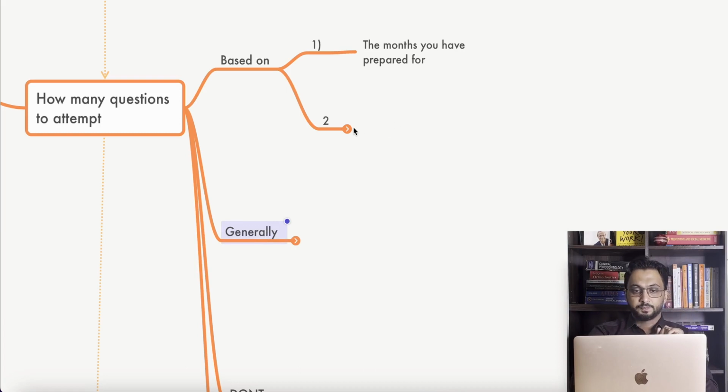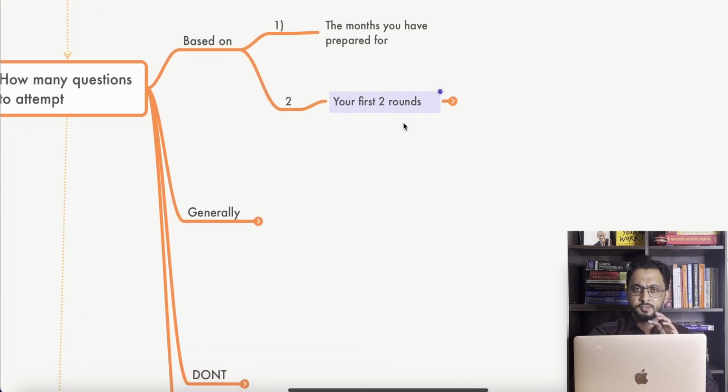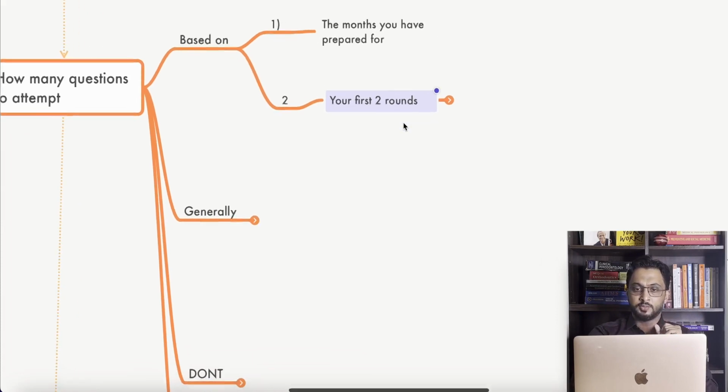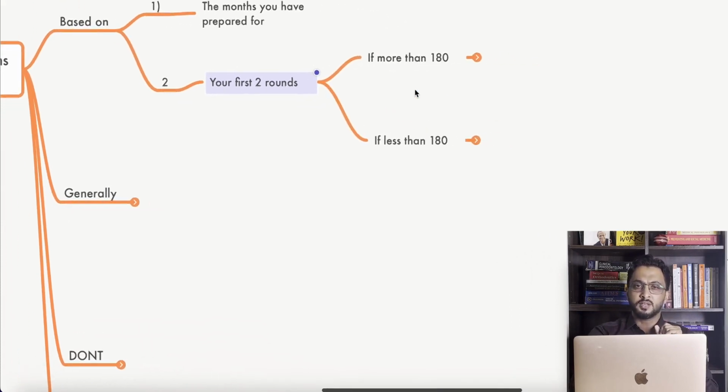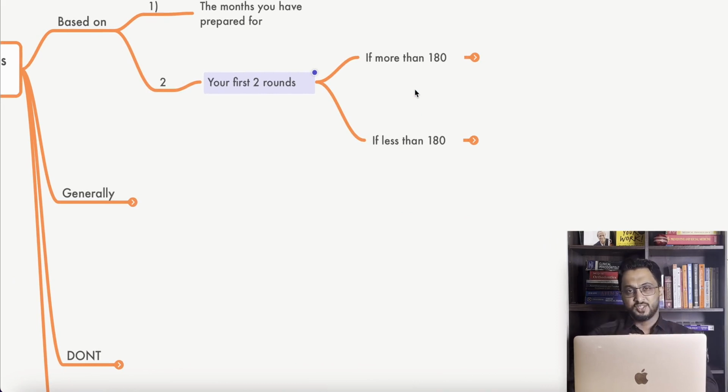Next, another factor which decides is your first 2 rounds. How good your first 2 rounds went means you are analyzing the difficulty level of the exam. Now, this is not a pakka generalization. You should wait at that moment also to see how the questions are. It's not saying that absolutely it is like this; your experience also comes into play.